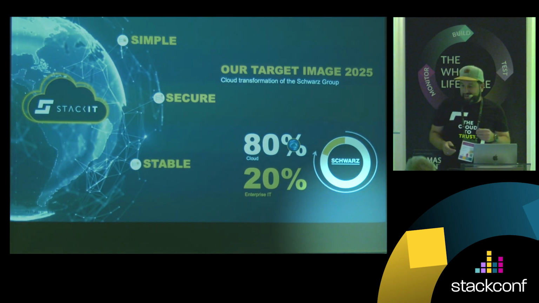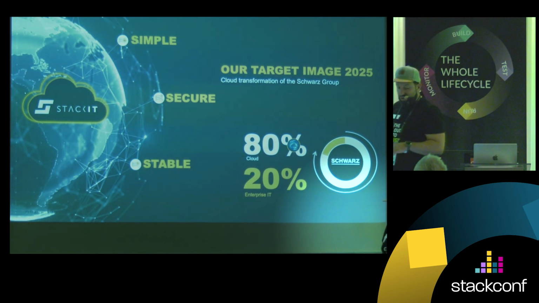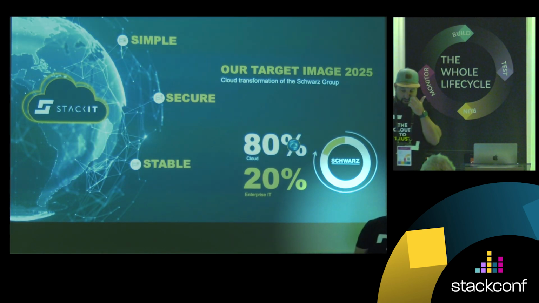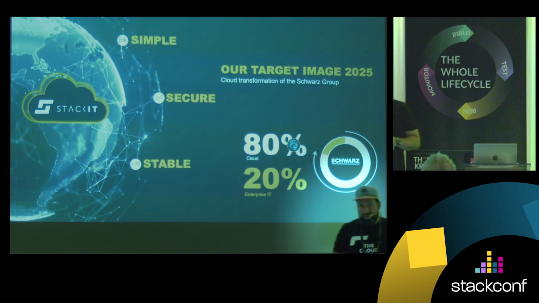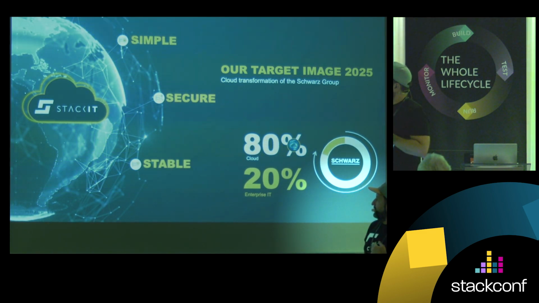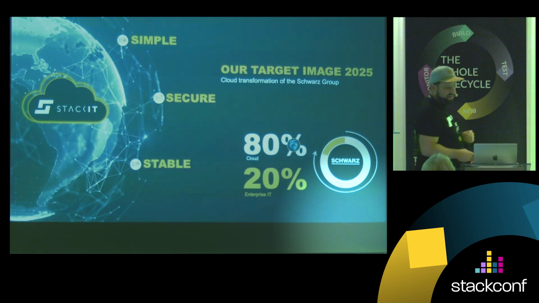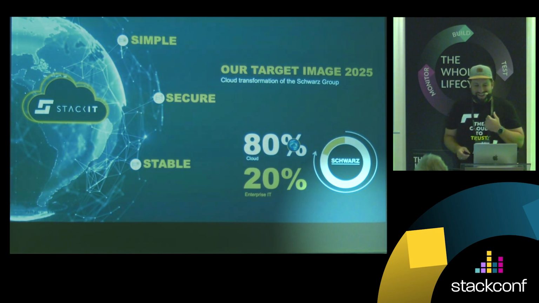So, and that's the last marketing slide. Our target image for our internal stuff is that 80% runs in our own cloud, and yeah, I think this is realistic. We'll be leaving 20% of the enterprise stuff, which will still run in the enterprise, because it's not cloud native or not compatible with what we're doing in cloud.